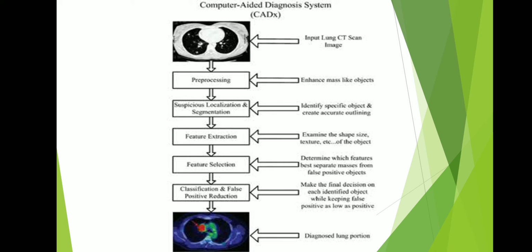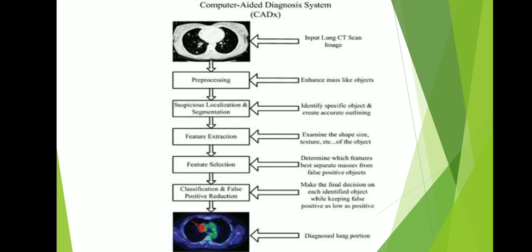And there is another way in which the image is taken out manually, like for example an MRI image or an X-ray image, and that is inputted or scanned through your software system, and the software system will diagnose and show the report.